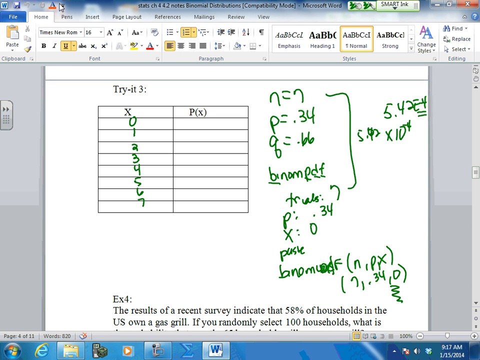I'm going to have to move my decimal point 4 positions to the left. So when I move this 4 positions, I get 0.00054 something. At least round to that 5. Don't give me 0, because remember 0 means that it's impossible to happen. So you don't want to leave it at a 0.